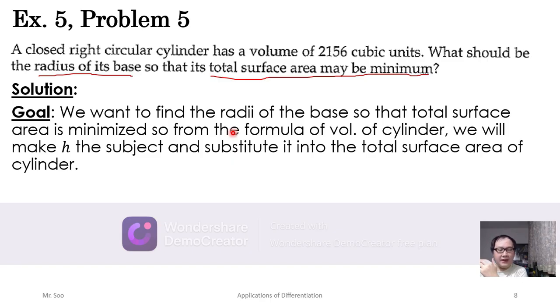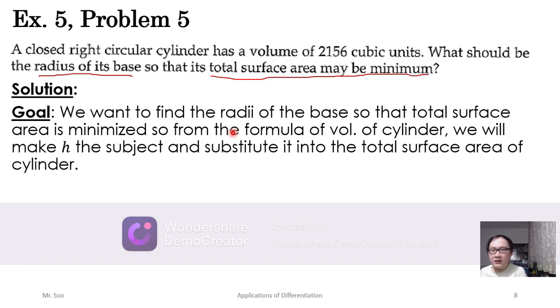Whether to make r the subject or h the subject, you look at the question. We want to minimize the total surface area and find the radius, which means from your volume you should make h the subject, because then your h will be in terms of r.